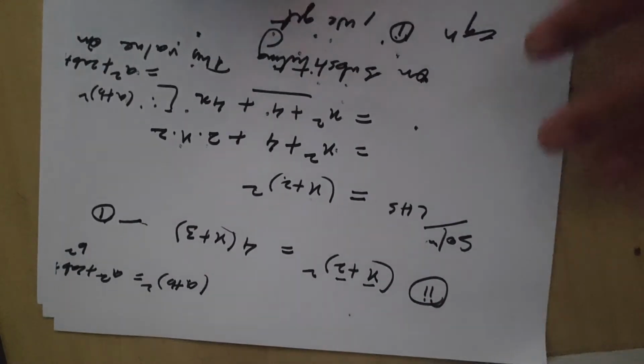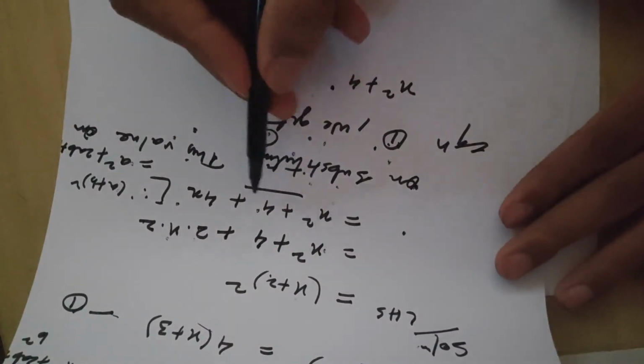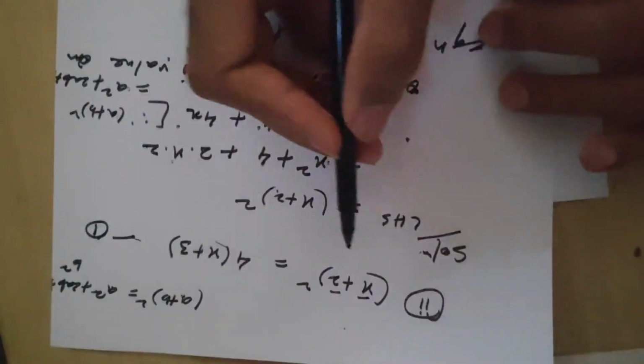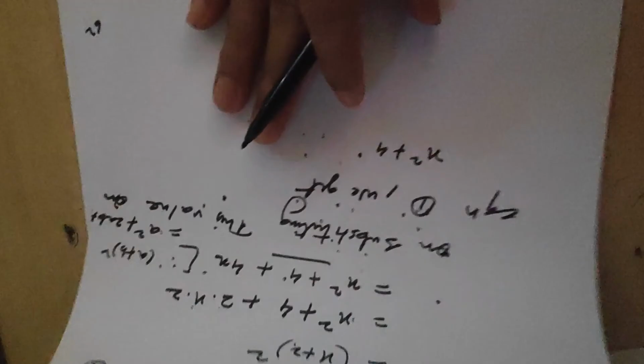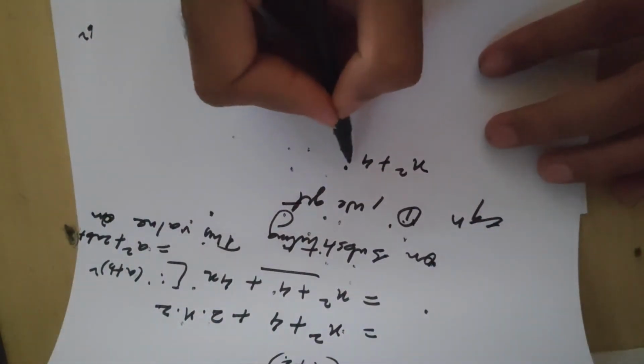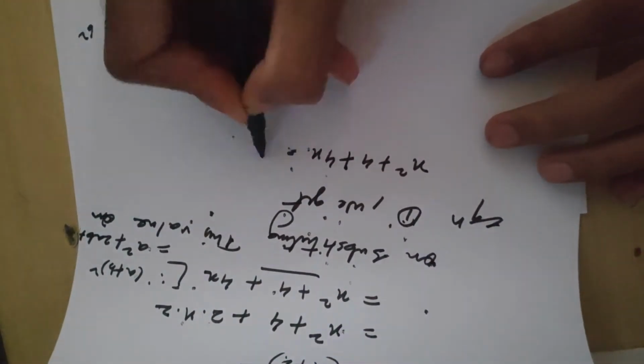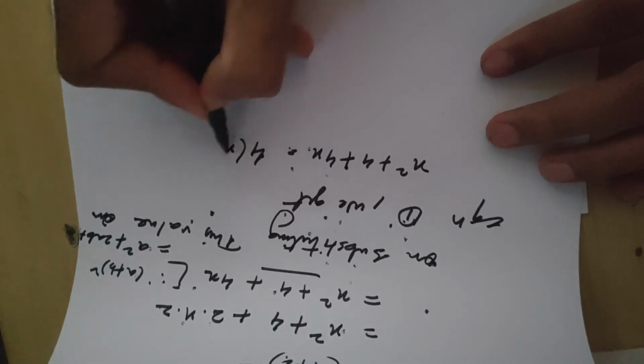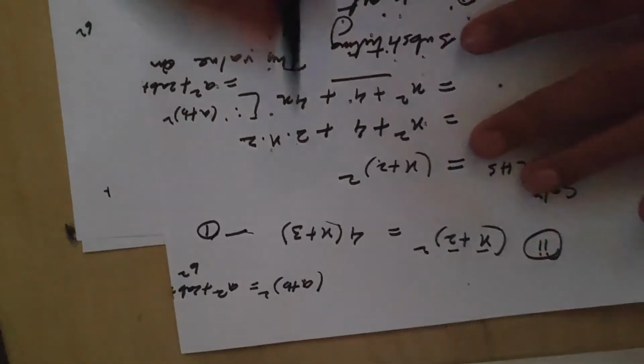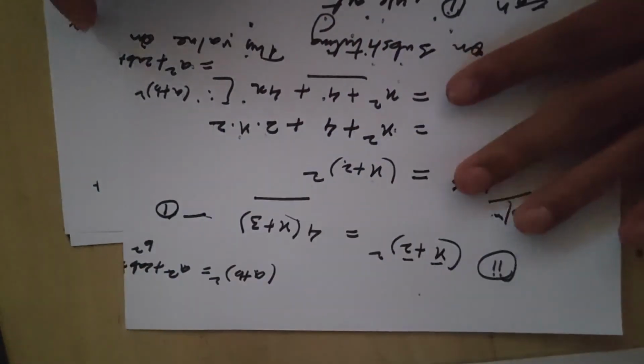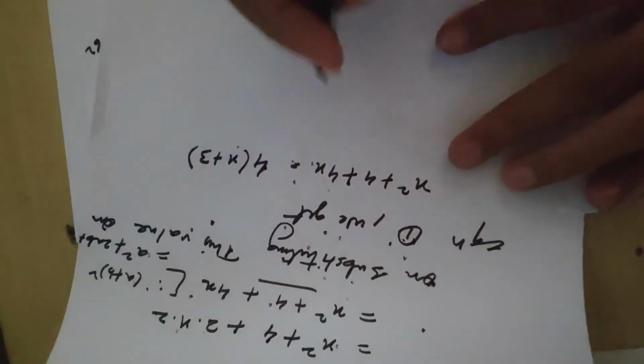Okay, sorry, you cannot see it. We're going to put this equation here, x squared plus 4x, and the remaining 4x plus 3. I hope you can understand this one, and we can multiply it easily.